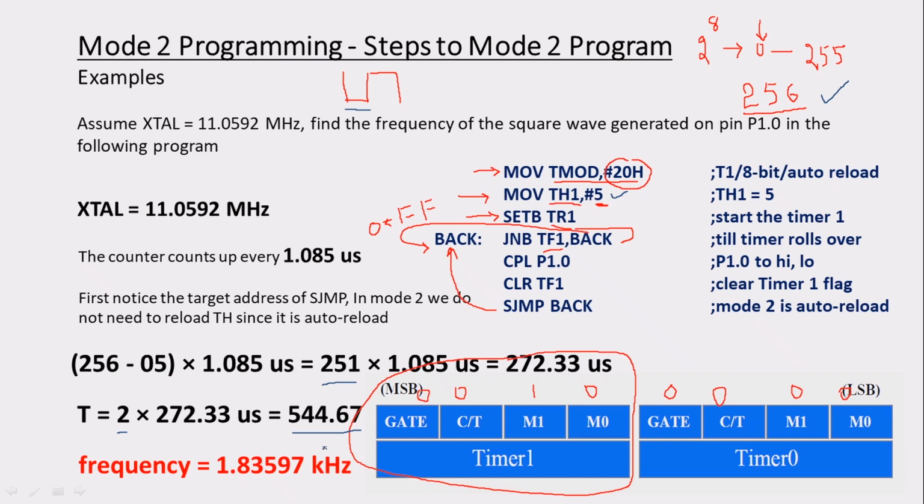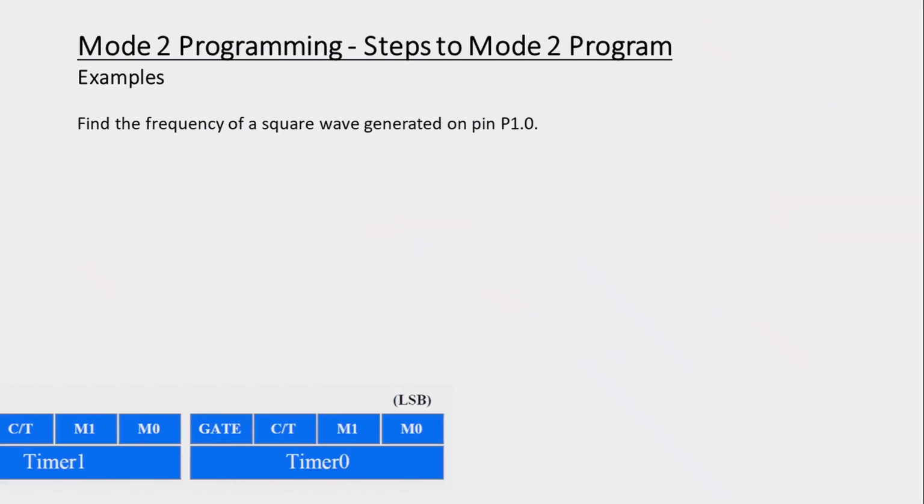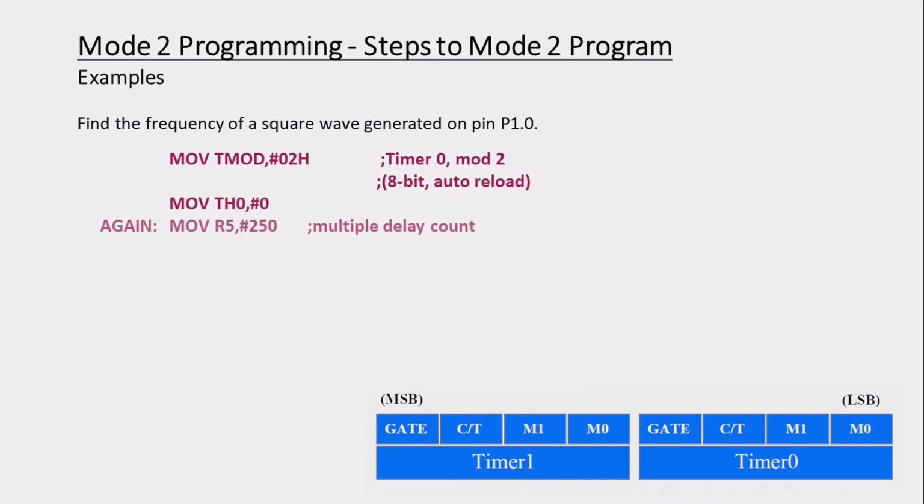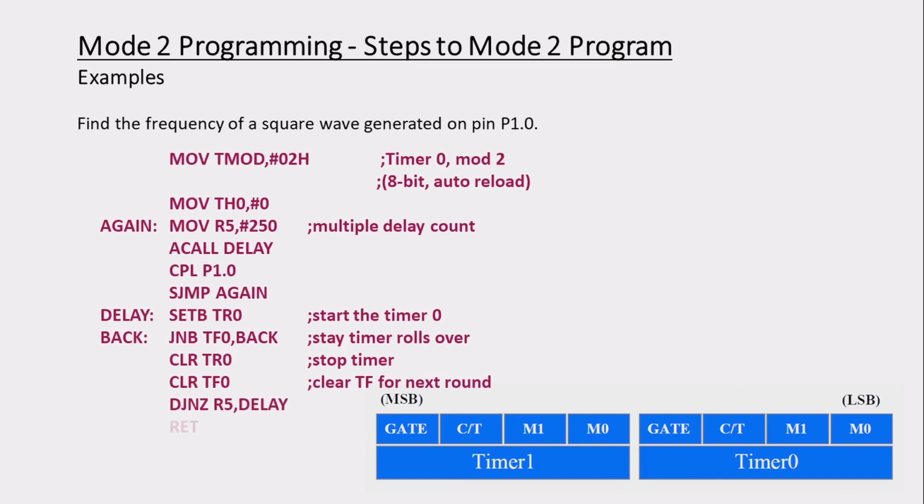Now let us look into one more program. Again, we need to calculate the frequency. In the previous program, the value we got was 1.83 kilohertz.